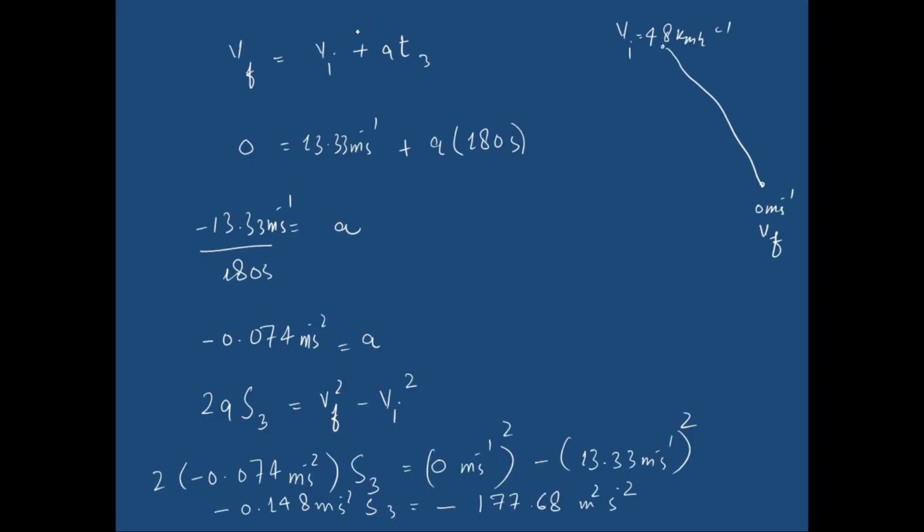S3 is equal to negative 177.68 meters square per second square divided by negative 0.148 meters per second square, which is 1200 meters approximately.